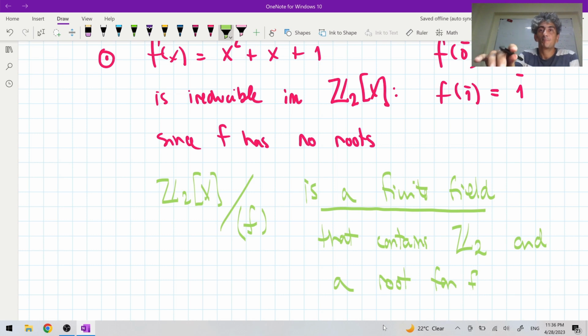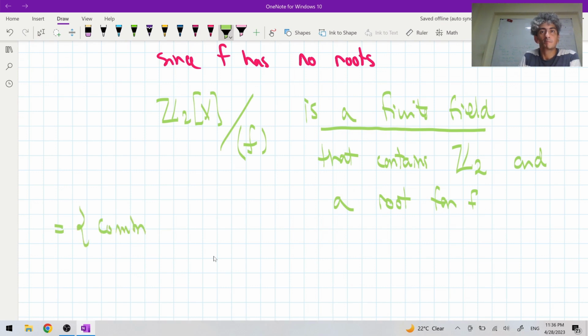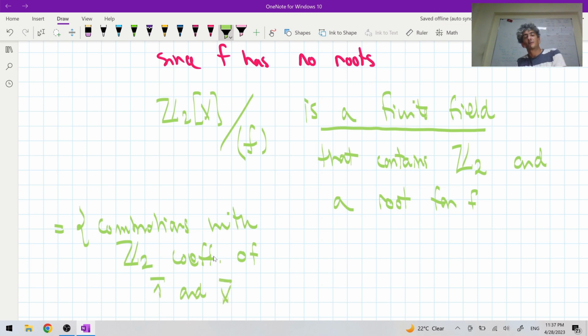And this can be seen as all the combinations with Z_2 coefficients of the class of 1 and the class of x. All the polynomials, well, not all, but polynomials with degree less than 2.